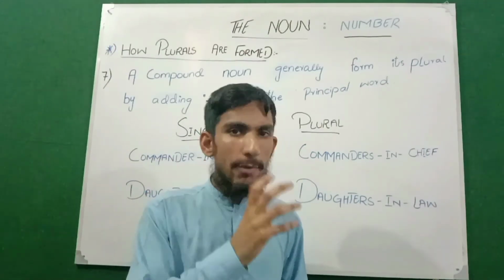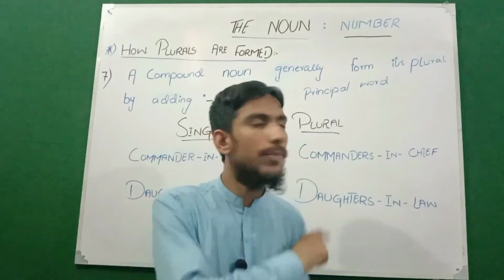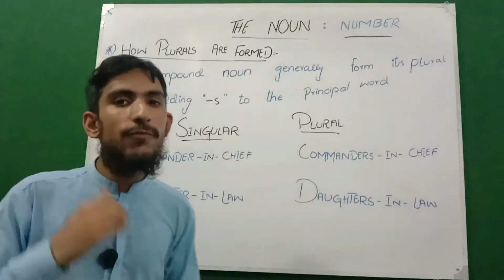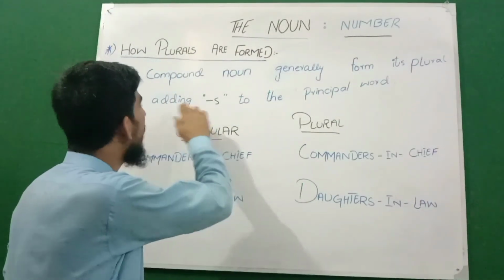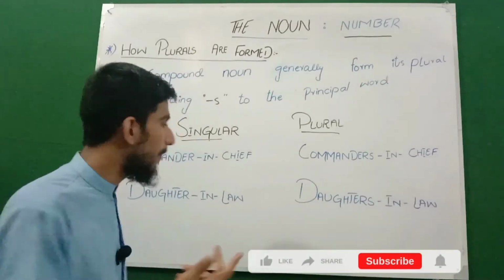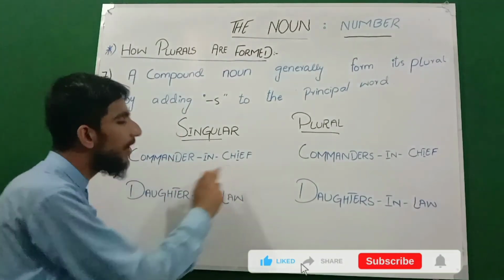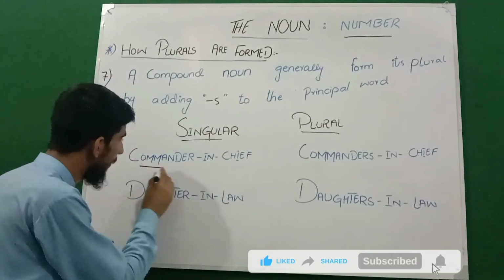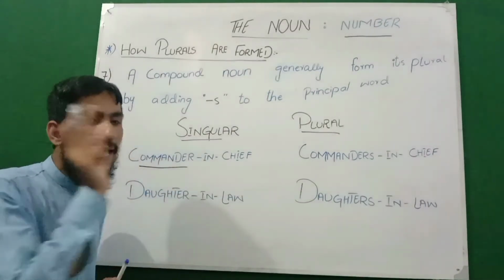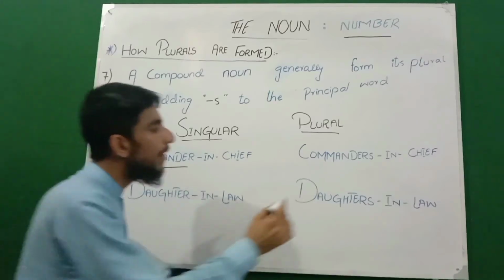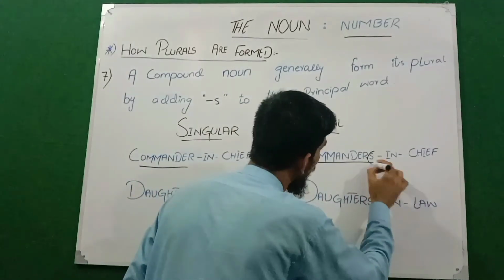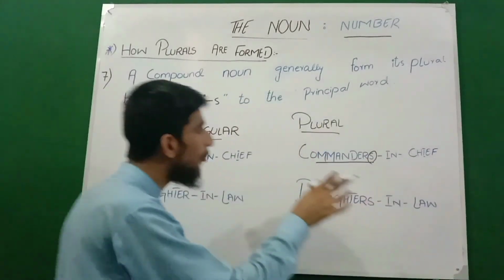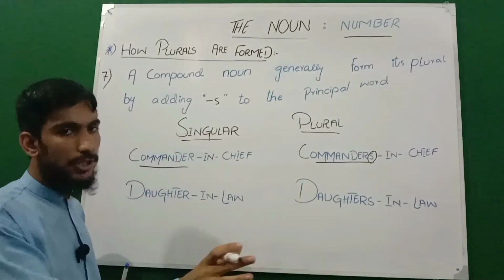So let's focus on the seventh technique. A compound noun generally forms its plural by adding s to its principal word. Remember this example: commander in chief. The principal word here is commander, so we will just add s to it. So commanders in chief is now the plural of the singular commander in chief.